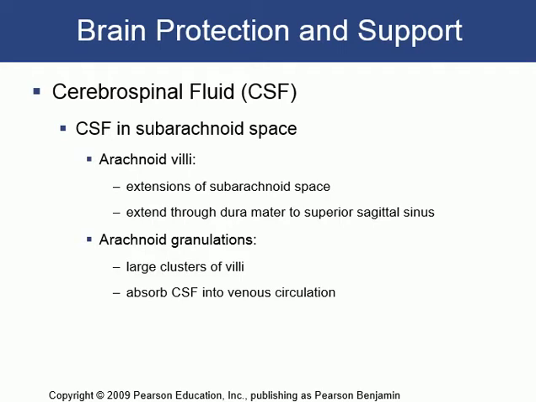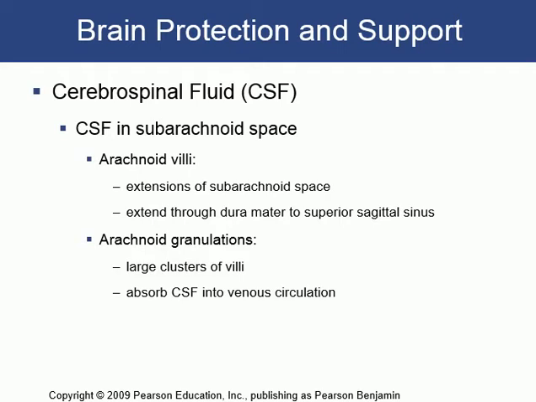Inside the ventricles, the choroid plexus will take CSF from the blood, carrying oxygen and nutrients, and secrete it in the ventricles. It circulates within the ventricles, feeding the brain as we go.